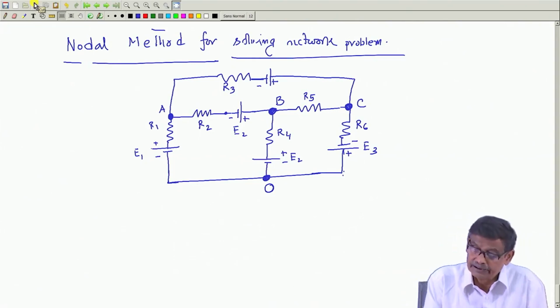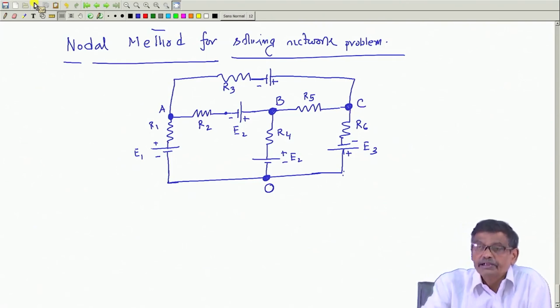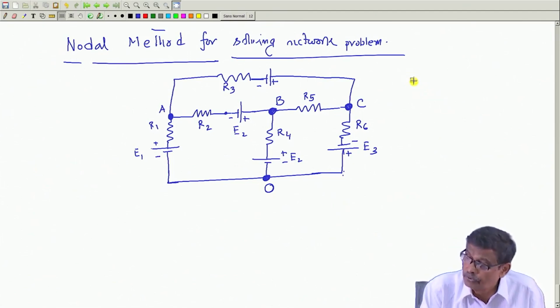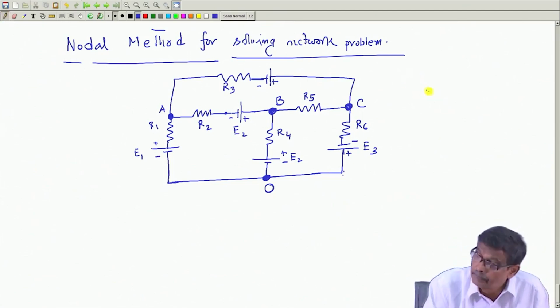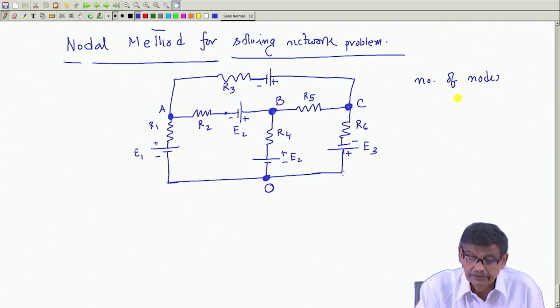So, what is done in the nodal method is that first you identify how many nodes are there. In this particular problem, the number of nodes, which I will denote by n, is 4.